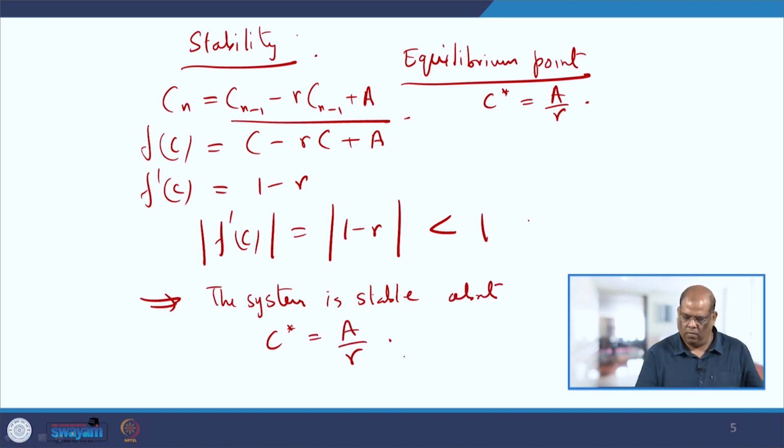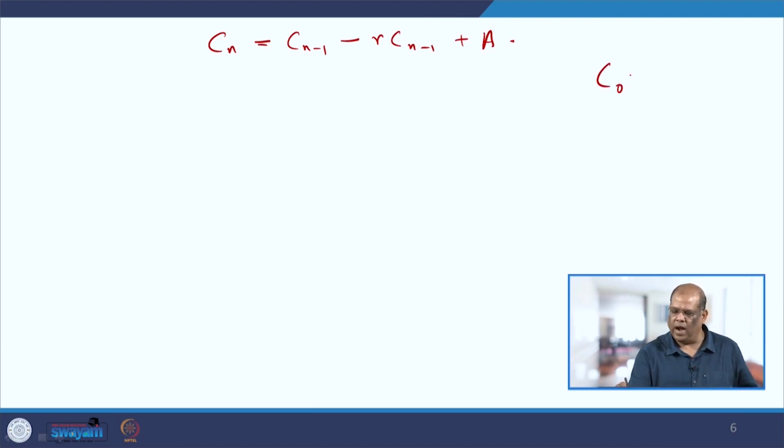Now, before we check this numerically, let us derive a generalized formula for Cn. We have Cn equals Cn minus 1 minus R Cn minus 1 plus A. Let us assume that initially there is no cadmium inside the body, so C0 is equal to 0.